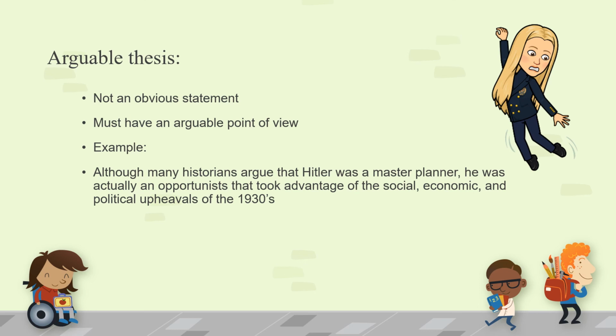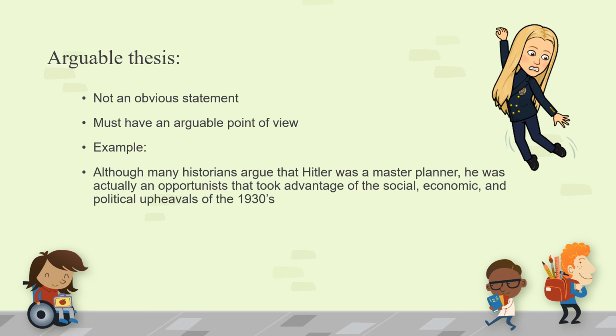Next, then, you're going to come up with your arguable thesis. An example is the one I have here, and it says, although many historians argue that Hitler was a master planner, he was actually an opportunist that took advantage of social, economic, and political upheavals of the 1930s. I've made an argument here.